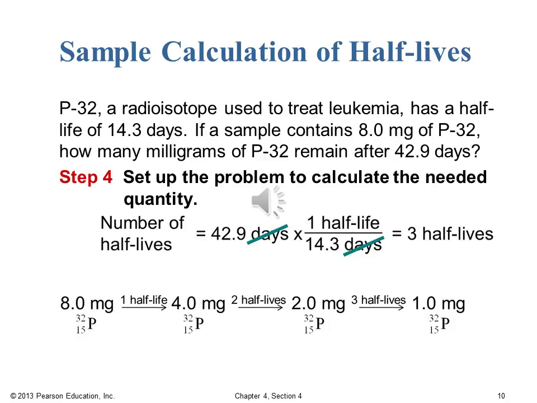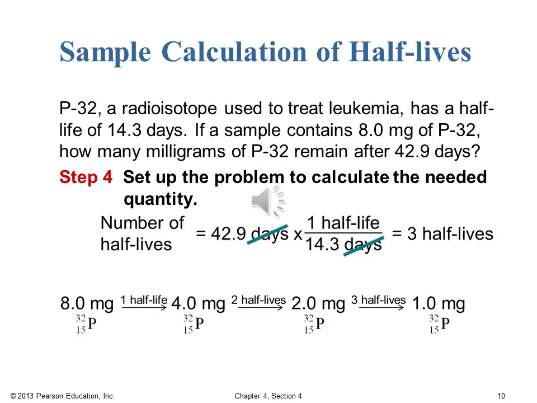Now we're on to step 4, where we're setting up the problem in a way that will allow us to calculate the needed quantity. So we're looking for the number of half-lives here, which means we're going to take that 42.9 days that has elapsed, and we're going to need the 1 half-life over 14.3 days form of that conversion factor. And when we multiply through, we see that we have 3 full half-lives that have elapsed.